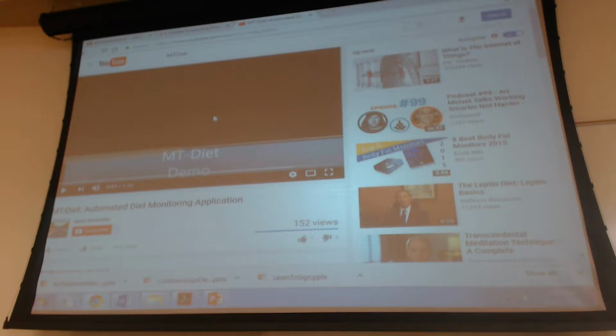Then the nutritionist checks the food journal and gives feedback that okay, you took this much calories. Maybe this is a very fatty food. You should eat those foods. You are not having enough nutrition with those foods. Those kinds of suggestions the nutritionist gives you. But that is very offline, right? So you log in that information, then you go to the nutritionist, and then the nutritionist tells you what to do. So that is not real time.